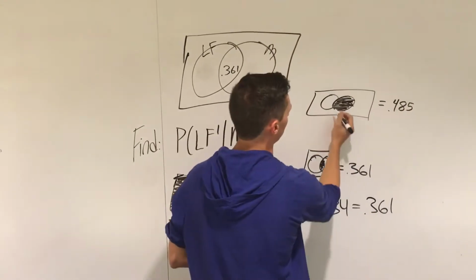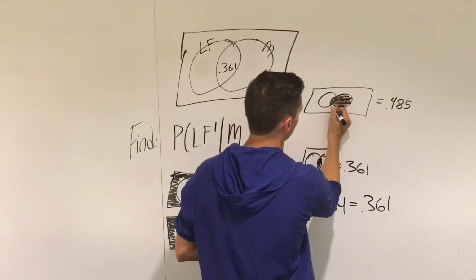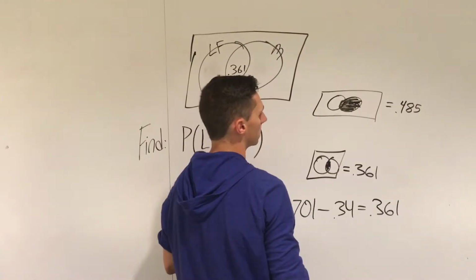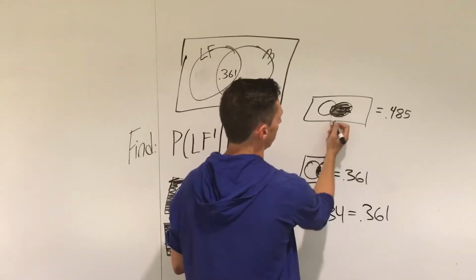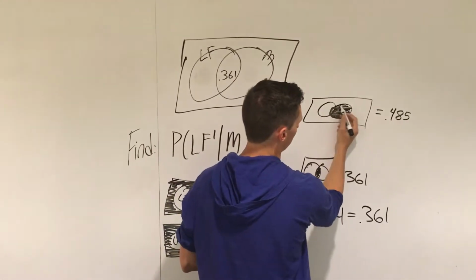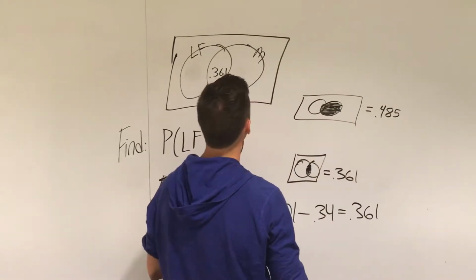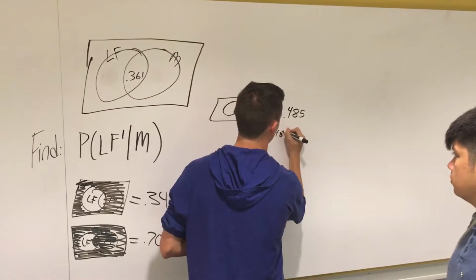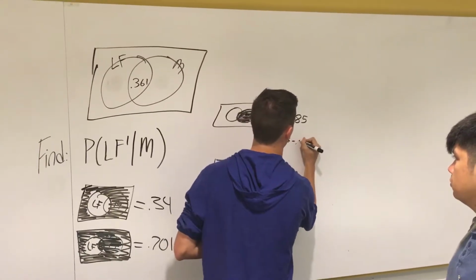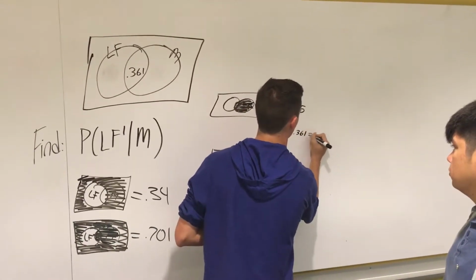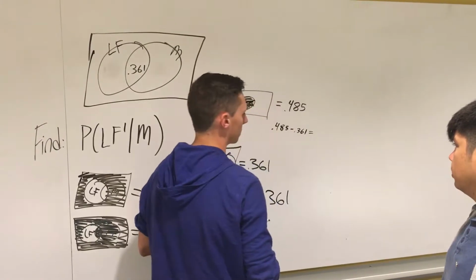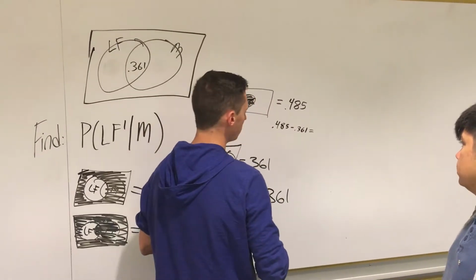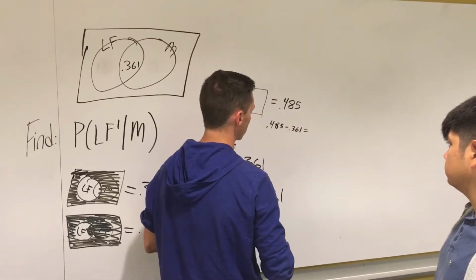So we already know what this is right here, we just calculated it, 0.361. So the rest, even though it looks a lot bigger, is going to be just that difference. So we do 0.485 minus 0.361, which gives us, do you know? 0.124.